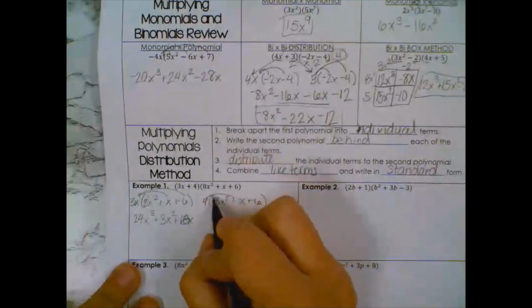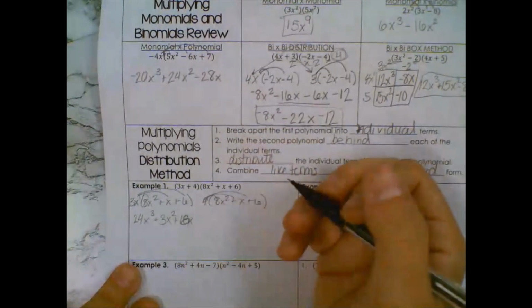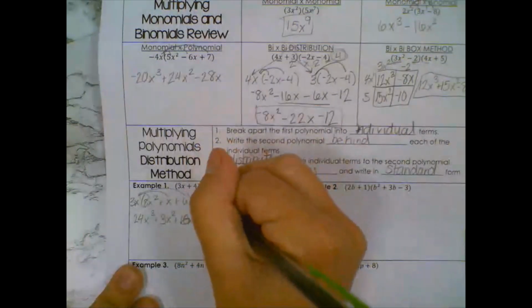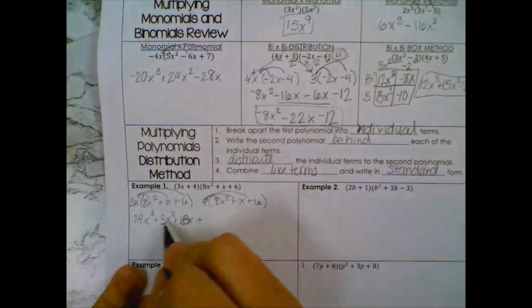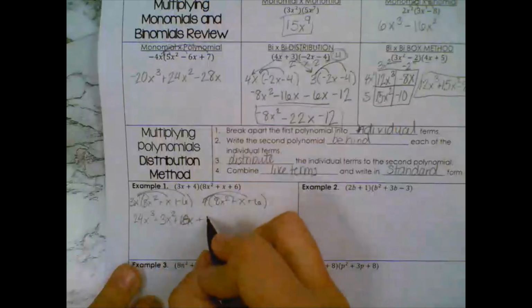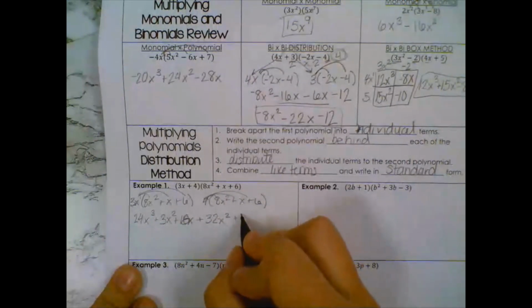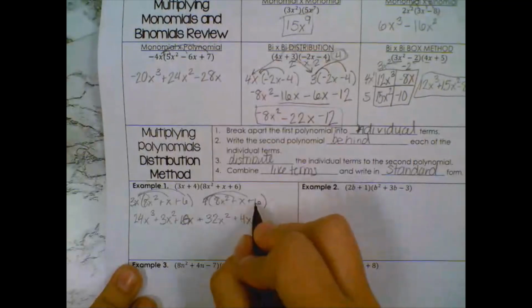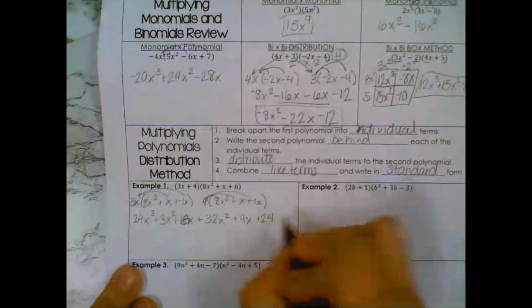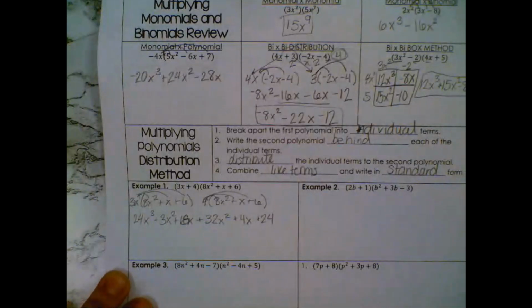Then we distribute the next one. 4 times 8 is going to be a positive 32, and because it's positive, I'm writing this as one line because this is one problem, so plus 32x squared. 4 times 1 is 4, so 4x. 4 times 6, 24. All one term, right?